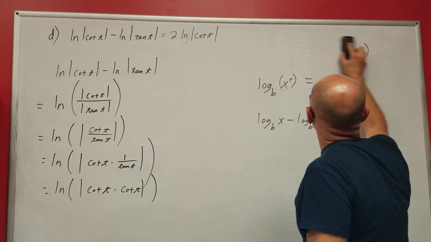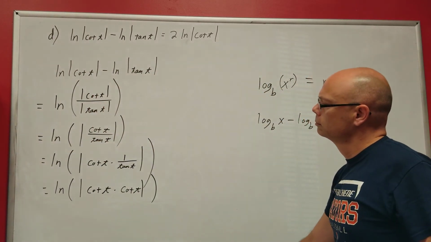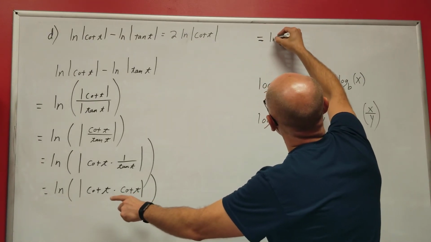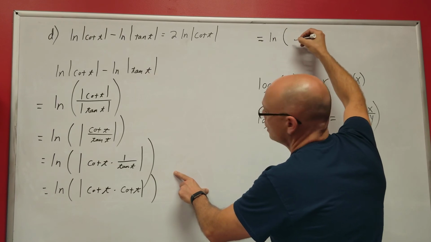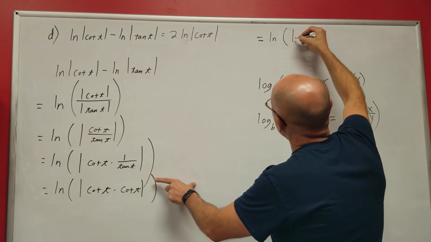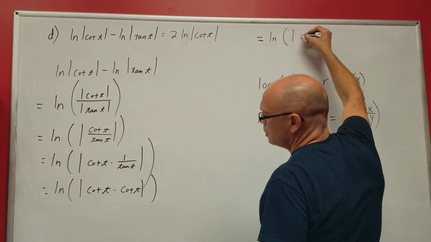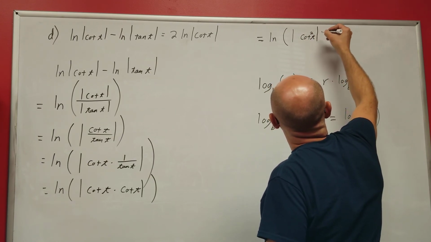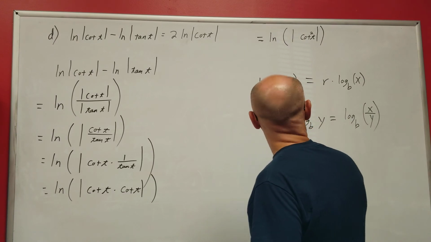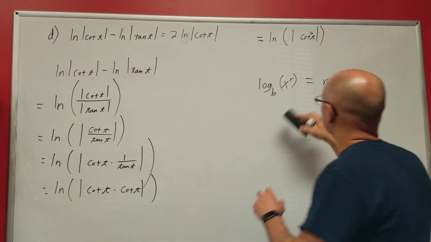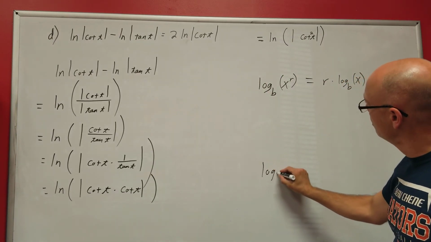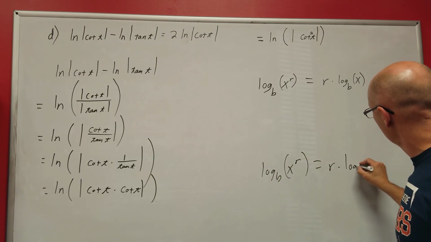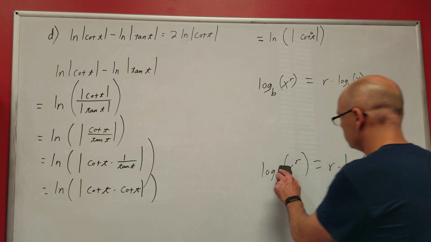Well, let's keep going over here. So that's going to be equal to the natural log of the absolute value of cotangent of t squared, right? Just bring this down. We have log base b of x to the r is equal to r times log base b of x.